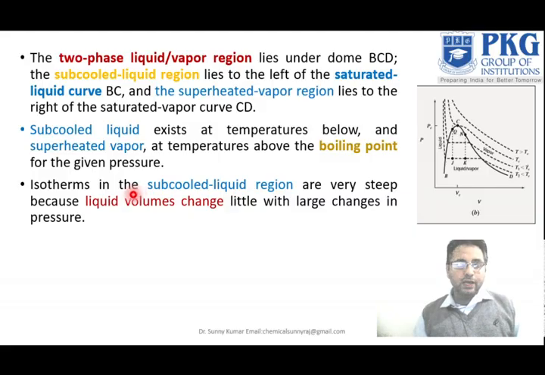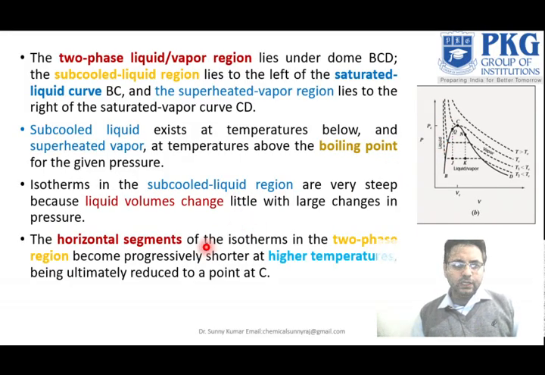The isotherms in the supercooled region are very steep because the liquid volume changes little. There are very small changes in volume, but large changes in pressure, so the change in pressure is very high.